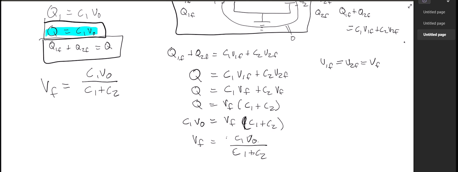So our final energy is going to be the energy from both capacitors. So U equals 1/2 C1 V1 squared plus 1/2 C2 V2 squared. Well, V1 and V2 are the same, so our final energy is 1/2 V final squared times C1 plus C2.